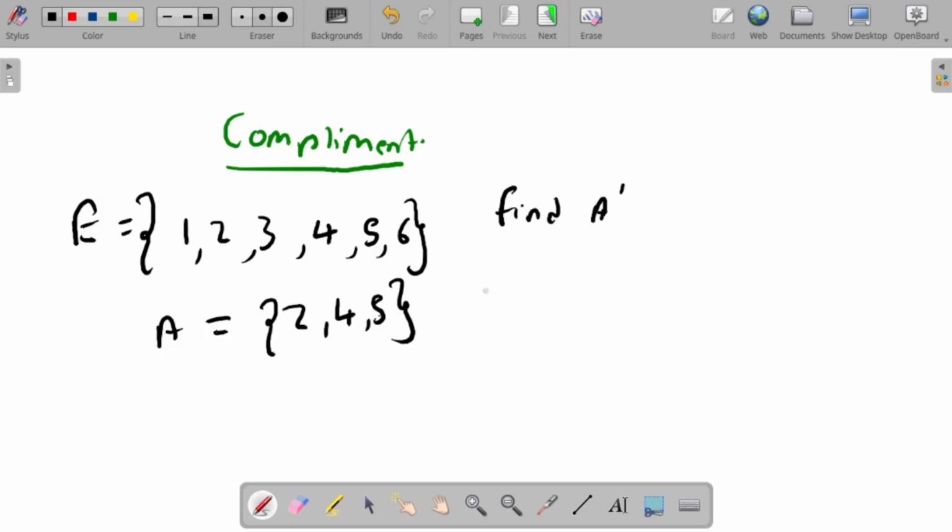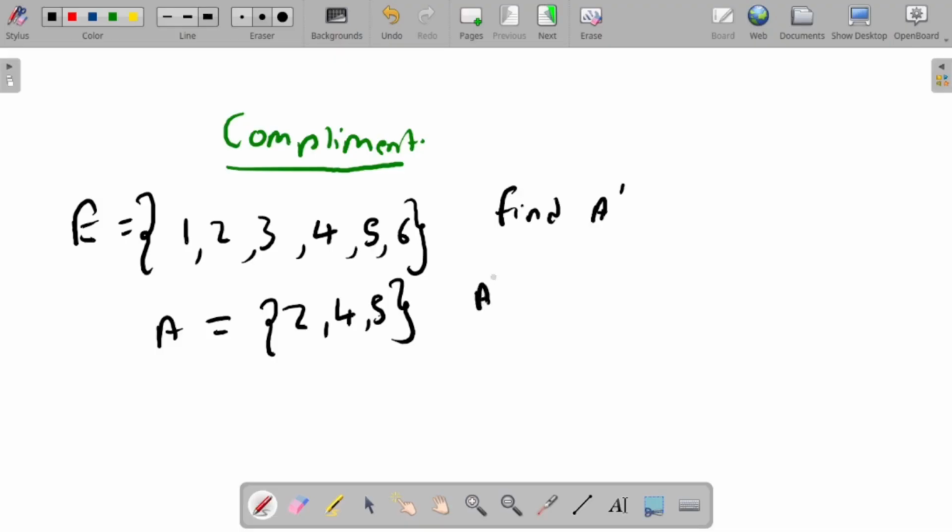So when I'm looking at A complement, I'm basically looking at elements that are not found in A. I'm not looking at elements in A, but I'm looking at elements that are not found in A, but they are present in the universal set. That is a very key point. It's a key point that you're not supposed to forget, because if you're looking for a complement, you should compare it to the universal set itself.